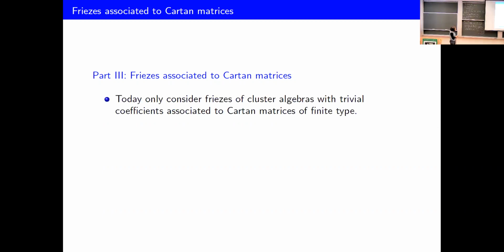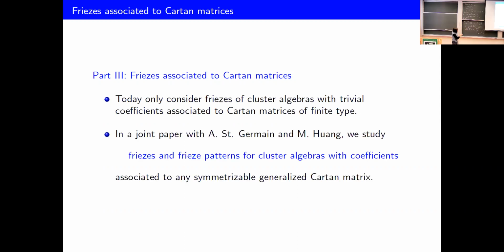Okay, so this answers, I think, Tara's question, whose question was it? Cluster algebra, yeah, so this is what I'll only look at. Oh, this is what I was going to say. Sue's question. This is a paper we are about to finish, where we study friezes and frieze patterns for cluster algebras with coefficients.